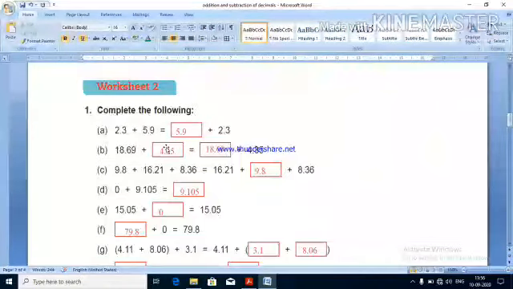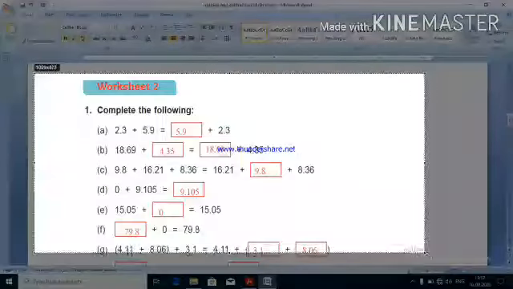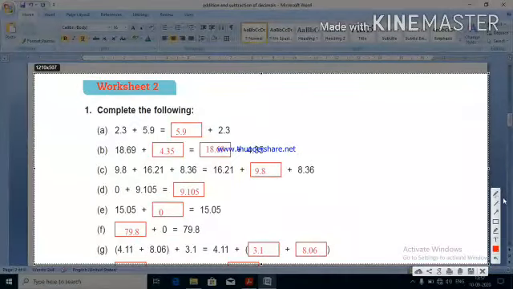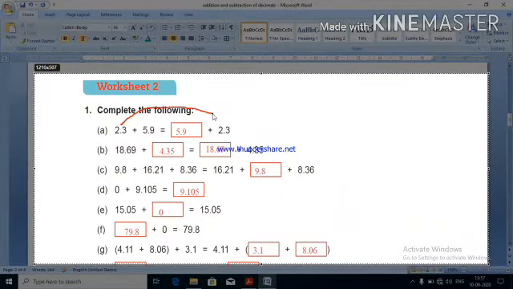Next, in worksheet 2, here is 2.3. Let us understand the thing first, after that you should do it. Here is 2.3, here is also 2.3, here is 5.9, but here is missing, so you have to put 5.9 here.